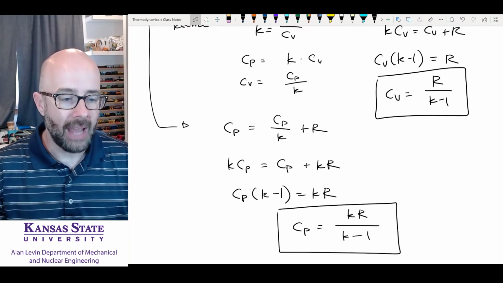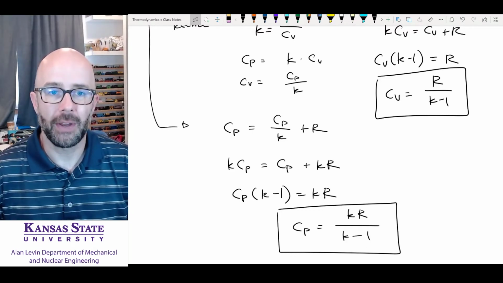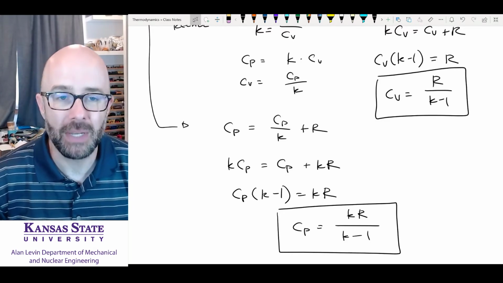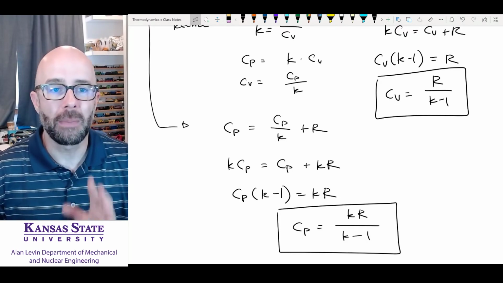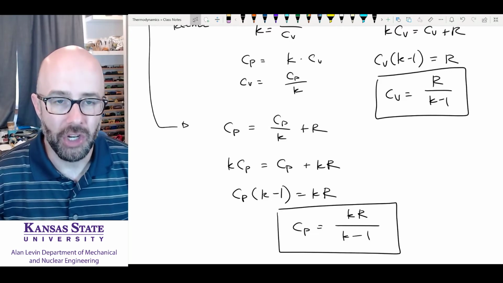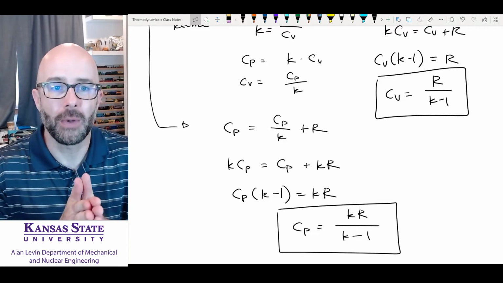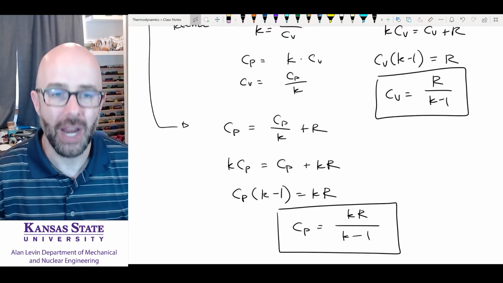Now these are good ways to find out what the values are for C sub p and C sub v. And sometimes in some problems they will give us k. If a problem gives us k, that's a specific heat ratio, and we're going to assume they're assuming that C sub p over C sub v is a constant ratio.